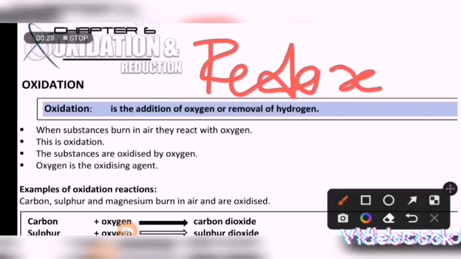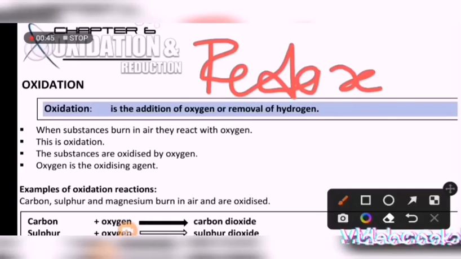A redox reaction is a reaction where oxidation and reduction occur simultaneously, and the word simultaneously means at the same time.